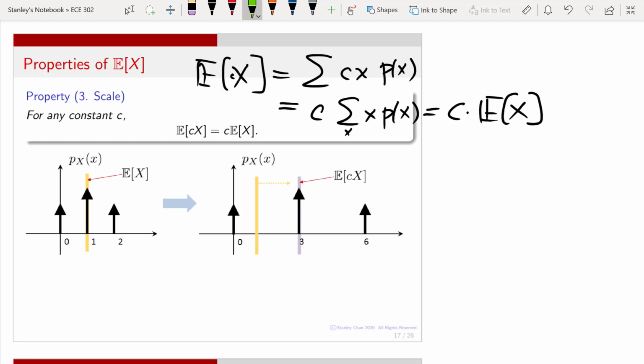Now here is a very easy diagram to visualize what's going on. Suppose that you have a probability mass function that looks like this. You have 0, 1, and 2 located at these locations. And then the average is at the center, which is 1.